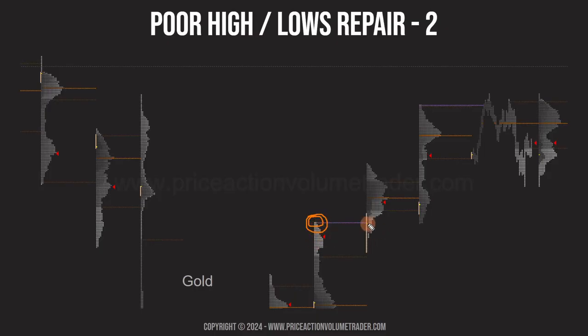But then you can see the following trading day opened, the market had a flush down, and then we came back and repaired it. And in this case, we had a breakthrough and then a very nice continuation off of that.